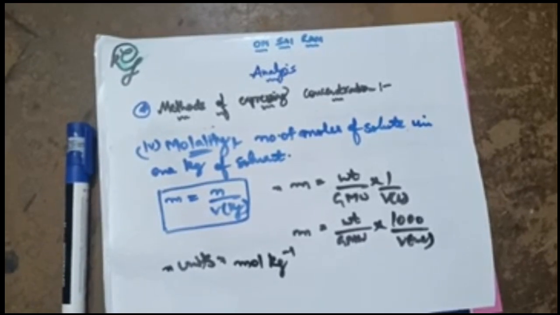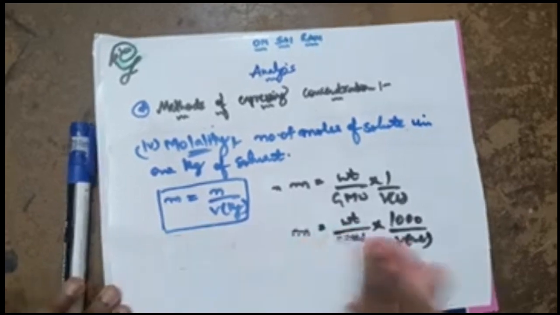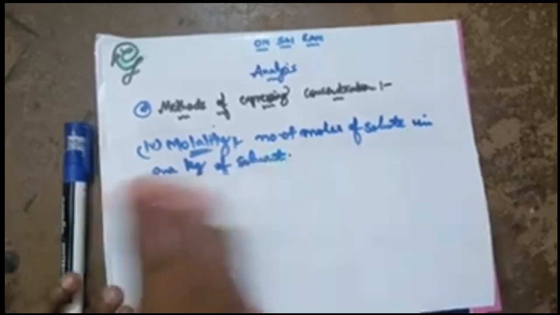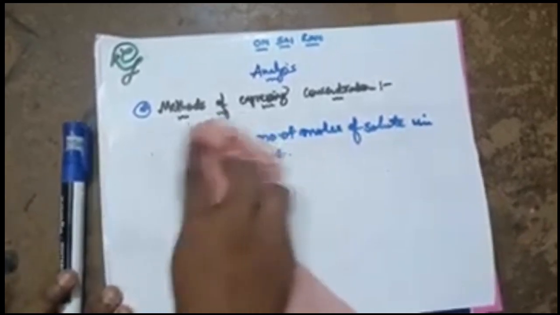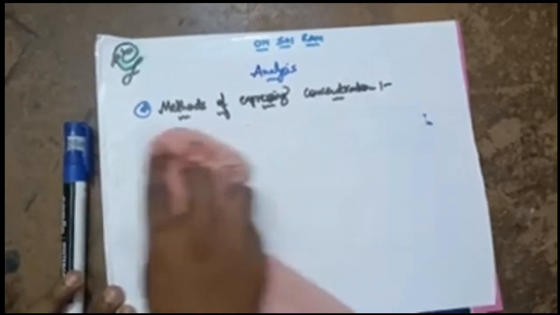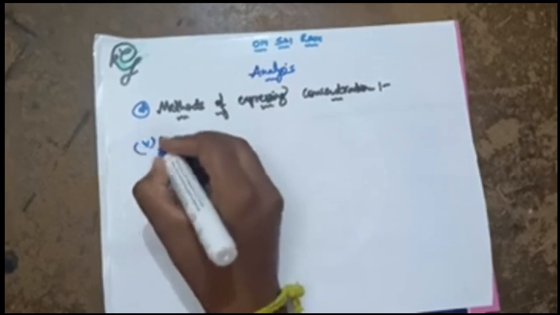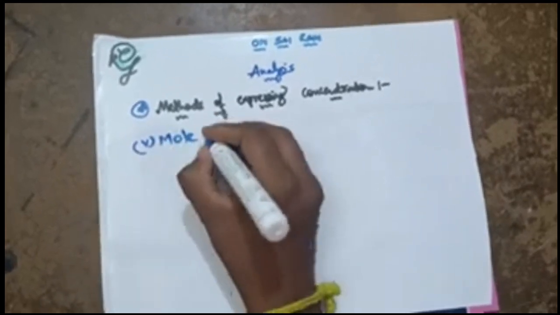Next, the last one, which is very easy, is mole fraction. Here I'll be explaining two problems, so that in the coming videos, when I start GPAT previous year questions or sample questions, you should be able to solve them.